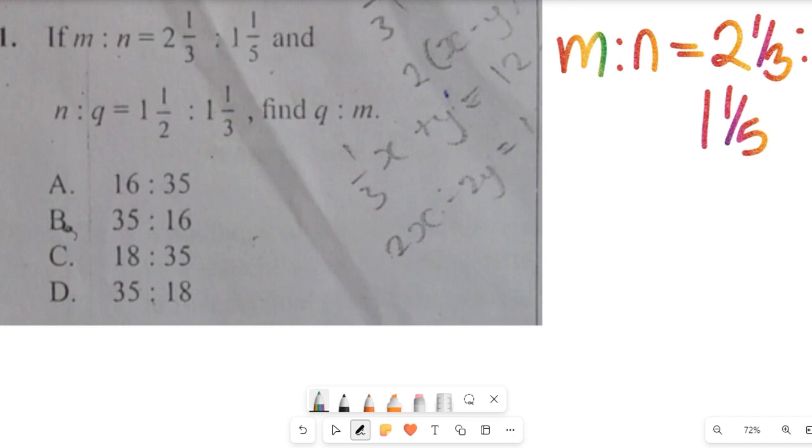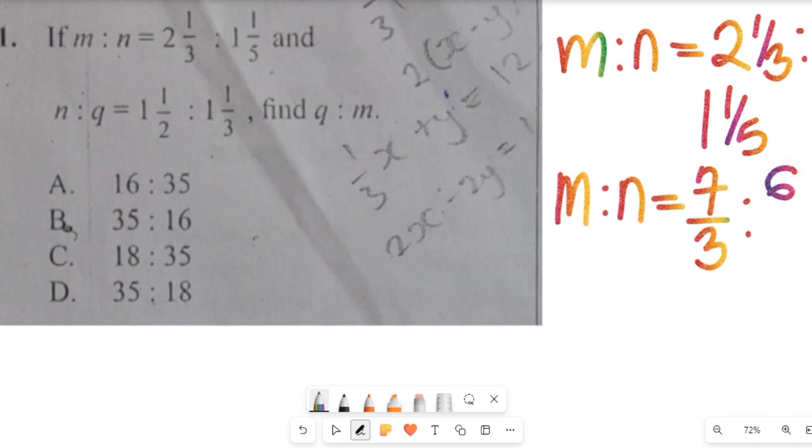Now let's change those values to proper fractions. This will give us m ratio n equal to 2 times 3 is 6, plus 1 is 7 divided by 3, ratio 5 times 1 is 5 plus 1, that will give us 6 divided by 5.